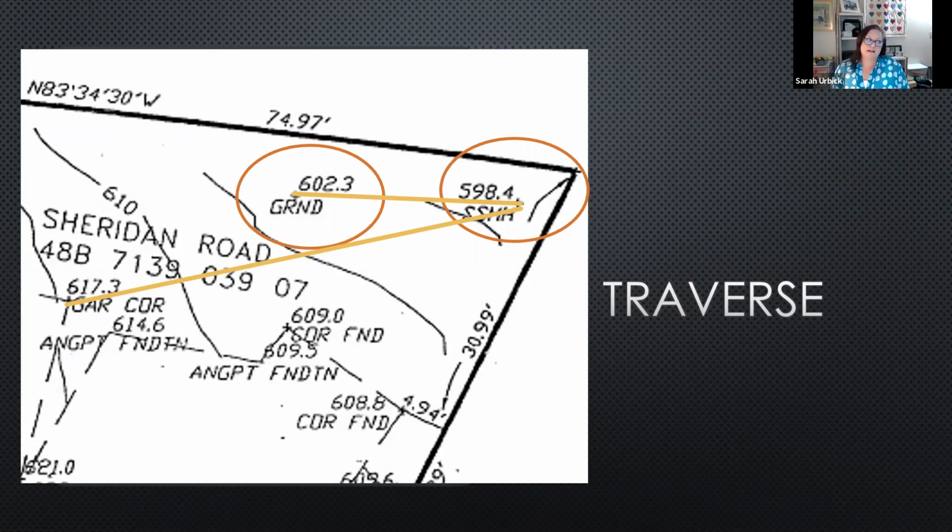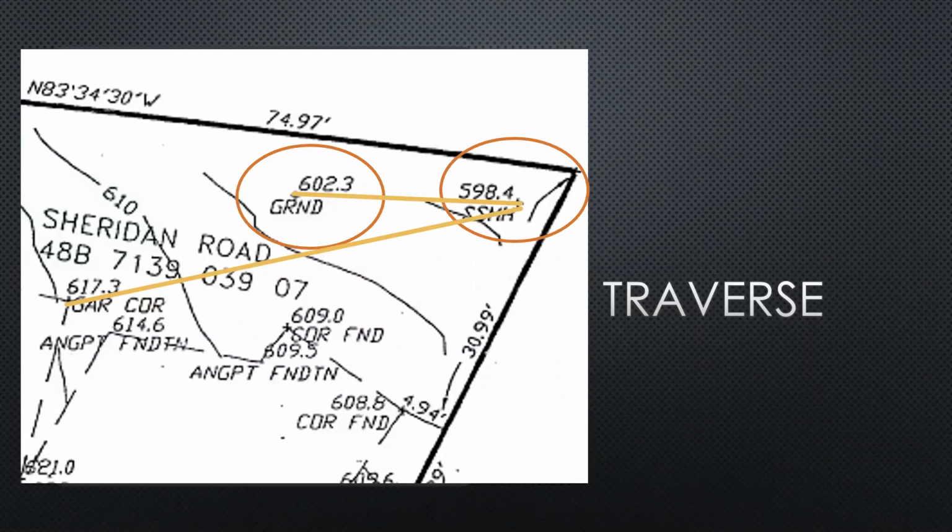Would we assume it's a horizontal or a slope measurement? We know this is going downhill. What do you think? Station to station, so it'd be slope.